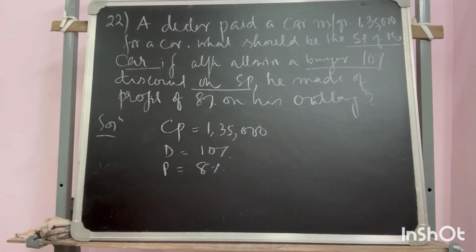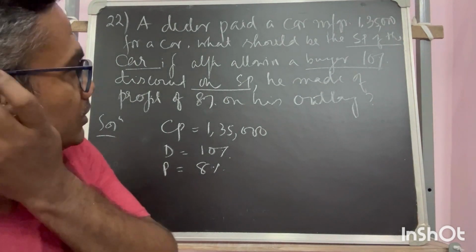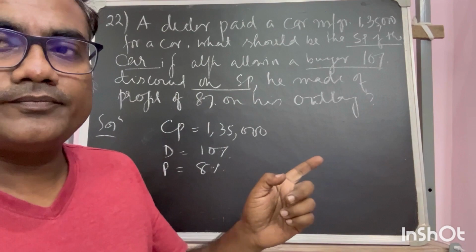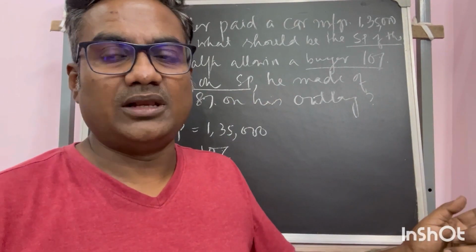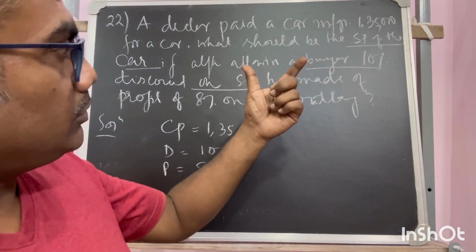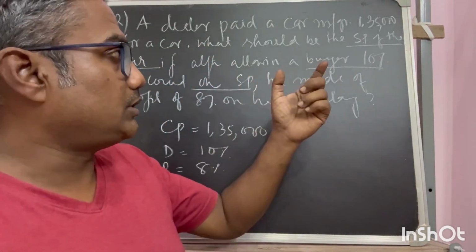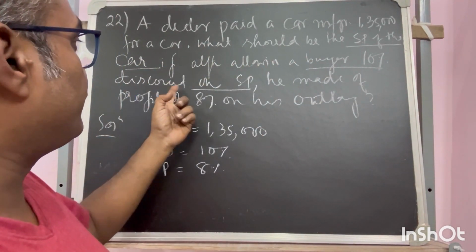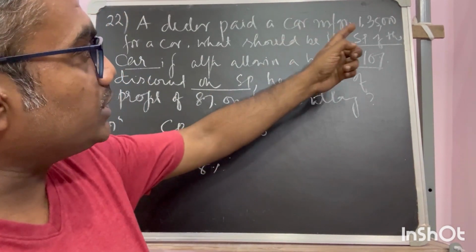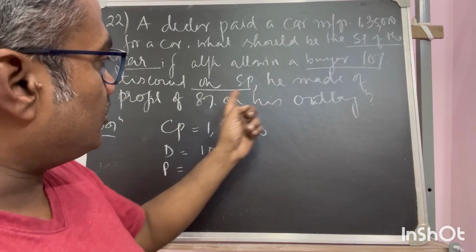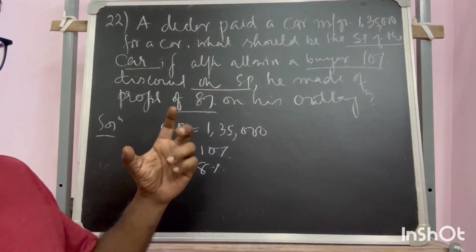Now this is a twist. Whatever value he is intending to sell at, you have to understand that, because conceptually the discount will be offered on SP. If you confuse this SP with the SP by which he is getting 8% profit, it will be a total disaster.